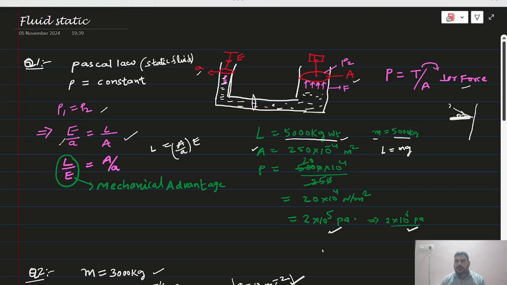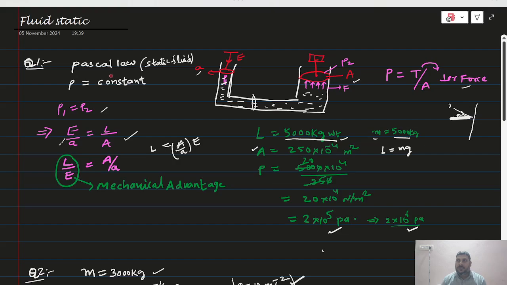Pressure at one point is equally distributed to all the points. That means, for example, blowing a balloon or filling a balloon with water, to understand the statement.